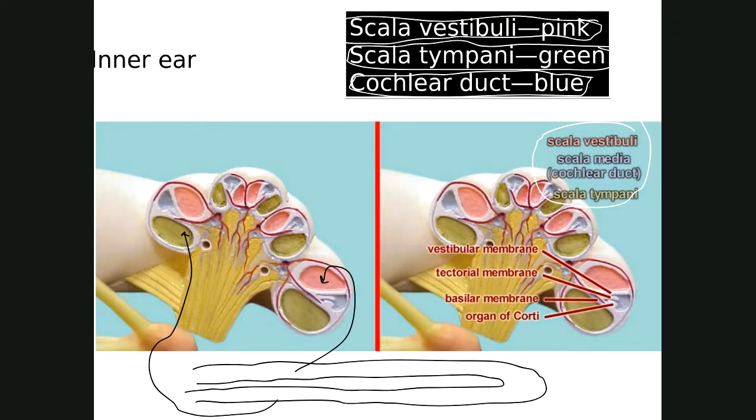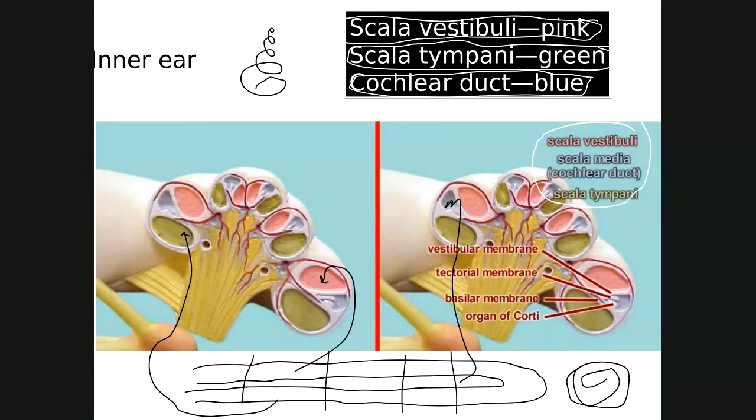And here is the cochlear duct. But when I roll it up, when I make a circle out of it like a snail, and if I cut across it, I'm going to see these different ones. They're different sizes because just like a snail, it gets smaller and smaller and smaller as you get to the top.